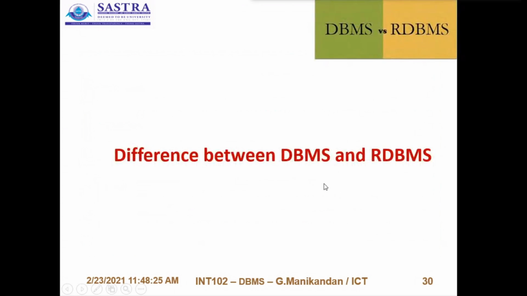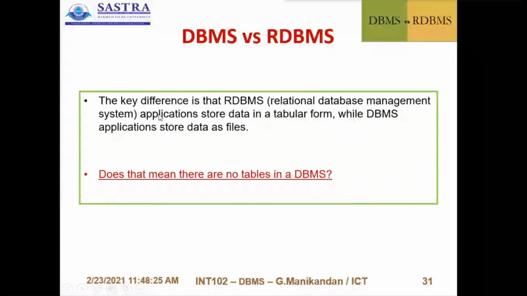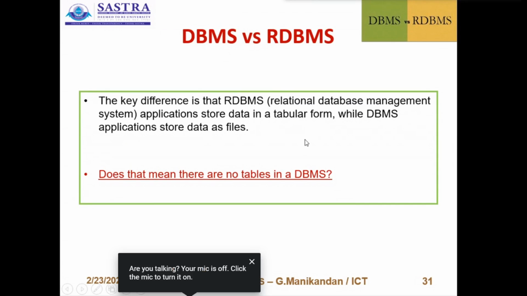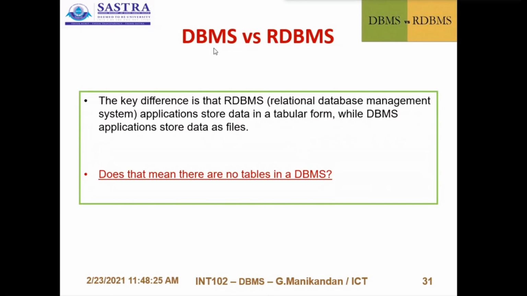So how will you differentiate a database management system from a relational database management system? In the case of a relational database management system, the data is stored in tabular form, in a table. Now you may ask, how is it stored in a plain database management system?